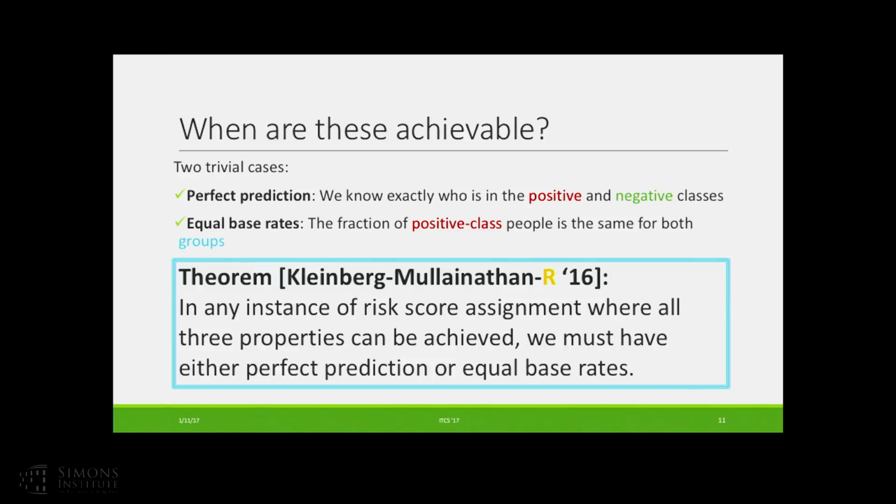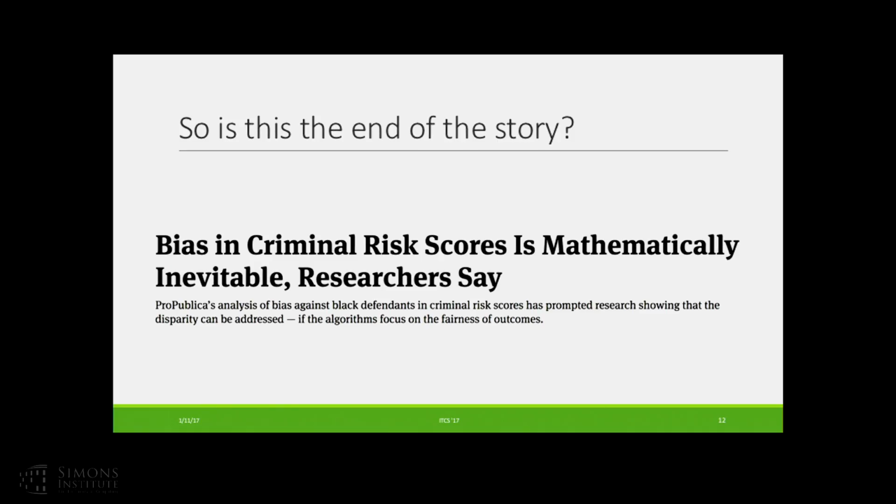Okay. So this might seem like it's game over. I'm going to run through a proof sketch of this, but I first want to frame this result in a somewhat different light. It is a negative result, but ProPublica, after seeing this and a few other papers that came out, labeled bias as mathematically inevitable.